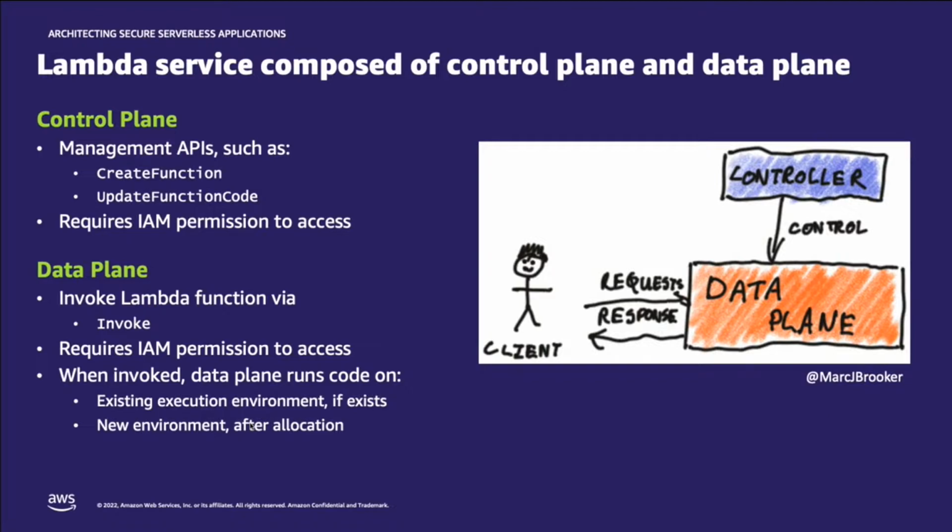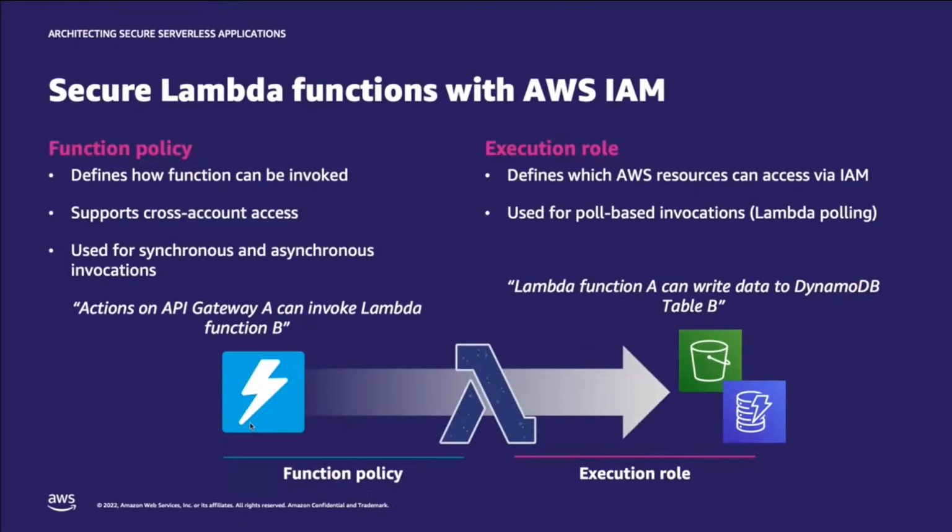Then one important thing when it comes to securing Lambda functions with AWS IAM is that there are basically two types of things we need to have in place. The first one is the function policy, and then the execution role. The Lambda function policy allows function invocation.